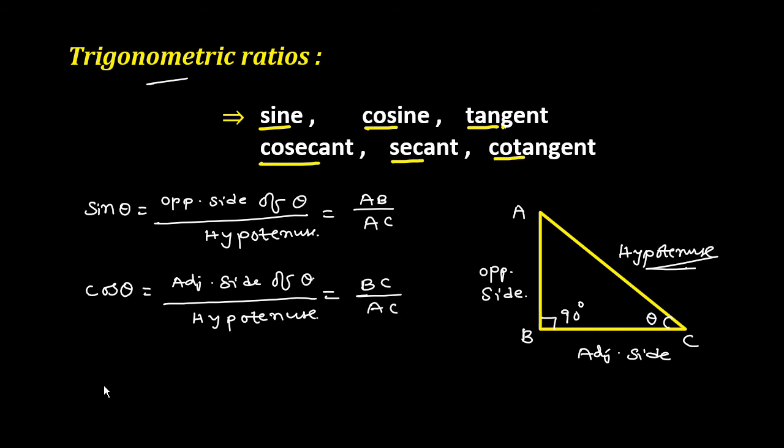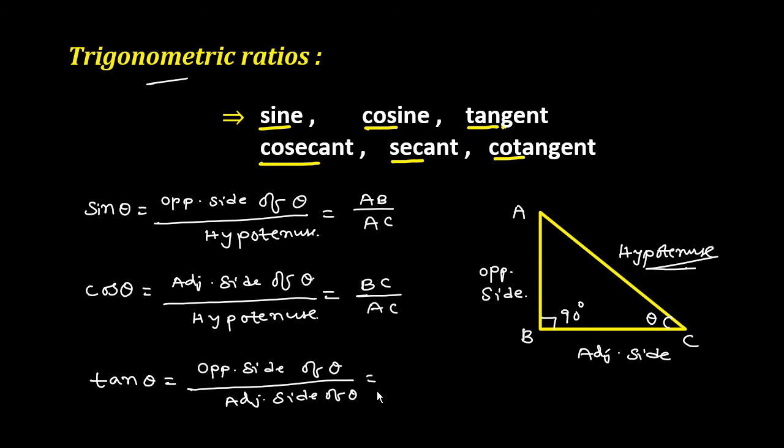Next, tan theta equals. Trigonometric ratio tan is ratio of opposite side of theta and adjacent side of theta. So tan is the ratio of opposite side and adjacent side. Opposite side is AB here and adjacent side is BC.